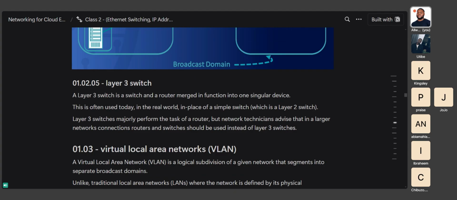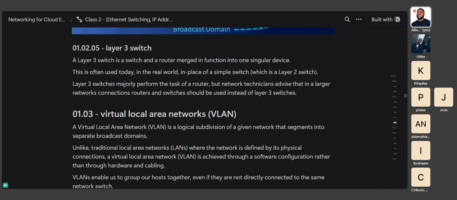Something else to take note of is a layer 3 switch. A layer 3 switch is a switch and a router merged in function into one singular device. Someone had the idea: since we already merged the hub and a bridge together and created a switch, why don't we merge a switch and a router together and create some device? So they did that, and they call that a layer 3 switch.